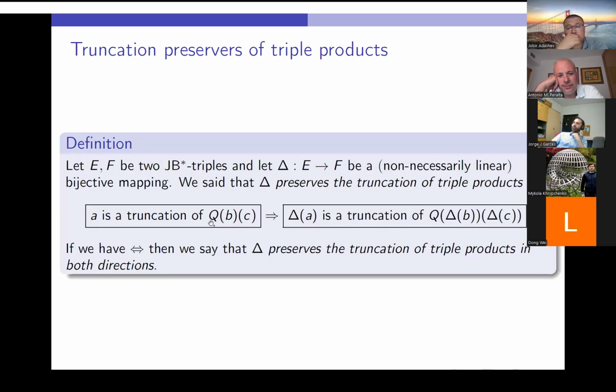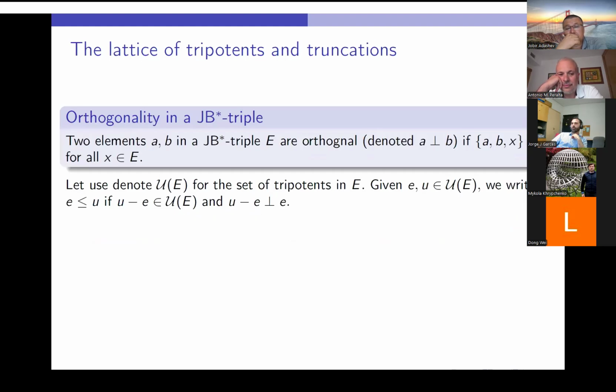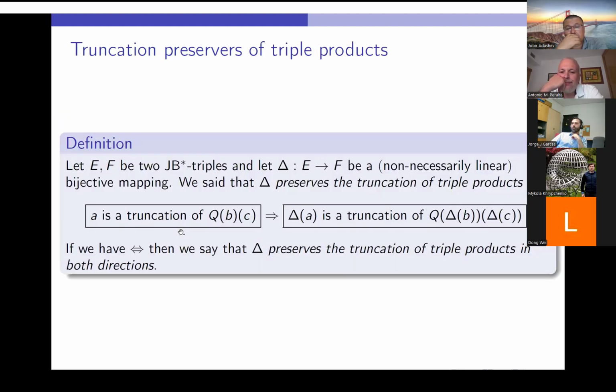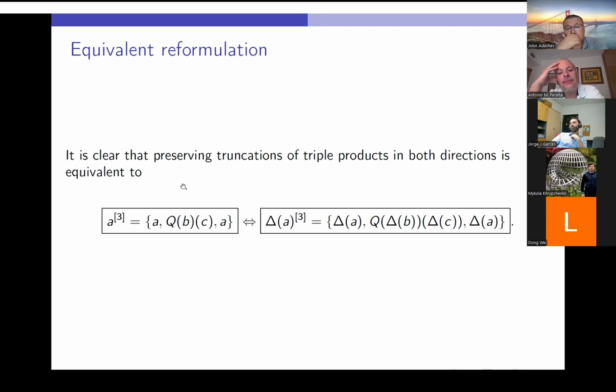Okay. Well, this is the general definition of truncation preserver of triple products, but we are going to actually study truncation preservers of triple products in both directions. Of course, by using the characterization of truncations here, this can be reformulated in these terms. So that's the kind of mapping we are going to study.